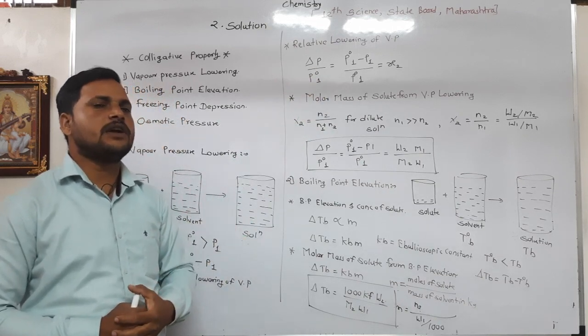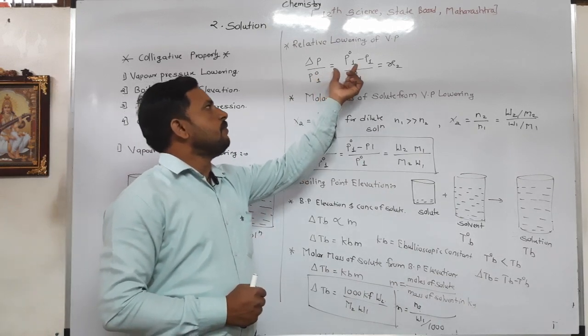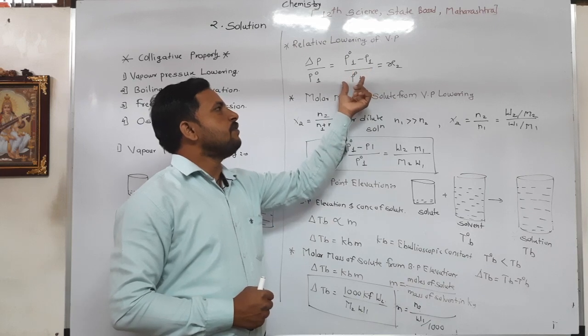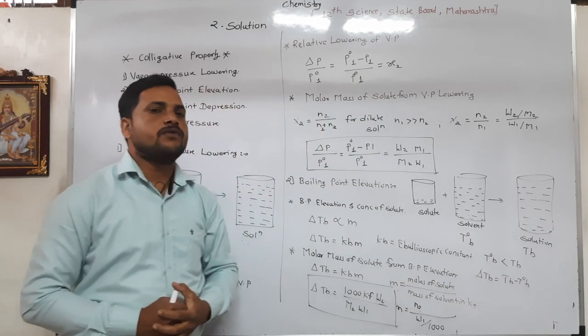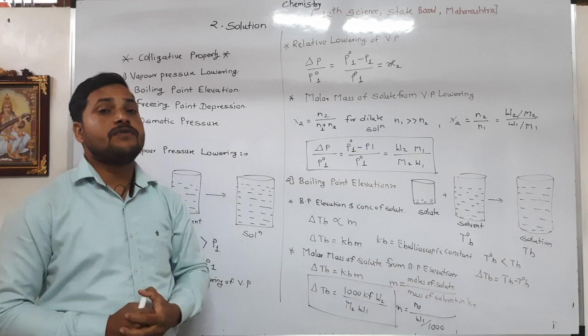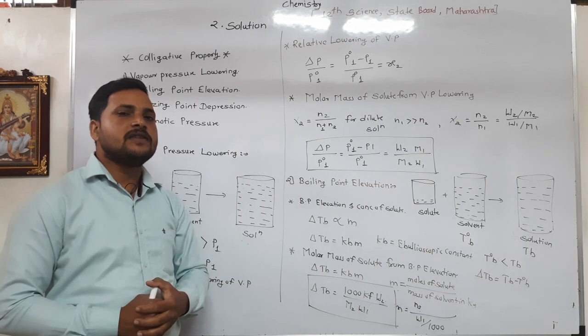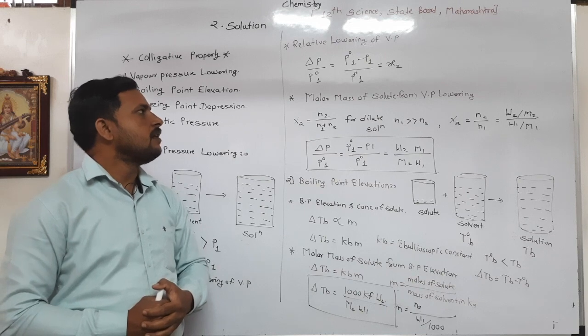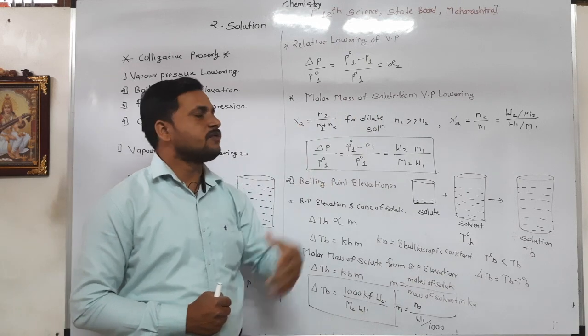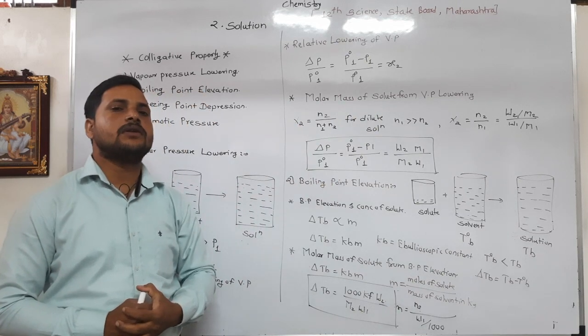And according to Raoult's law, P01 minus P1 upon P01 is equal to X2, where X2 is the mole fraction of solute, and we have to know that X1 plus X2 is equal to 1.